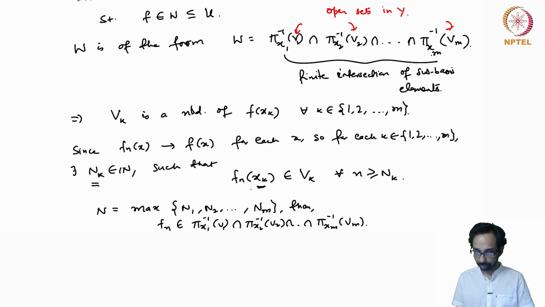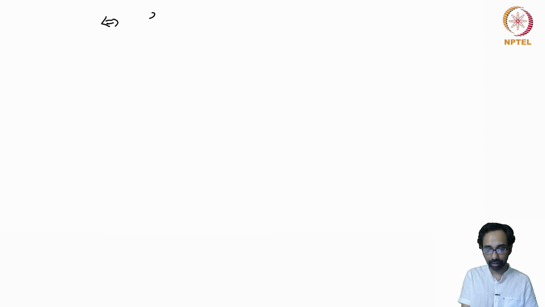And this is simply because fn of xk belongs to vk, and this holds for all n greater than or equal to capital N, which is the maximum of all these numbers n1, n2 up to nm. And this is nothing but the set W. So equivalently we can say that fn belongs to W for all n greater than or equal to N, and this is the same as saying that fn converges to f in the product topology.